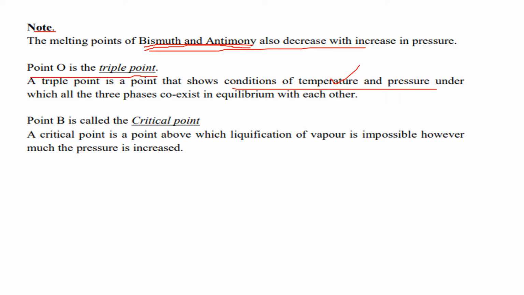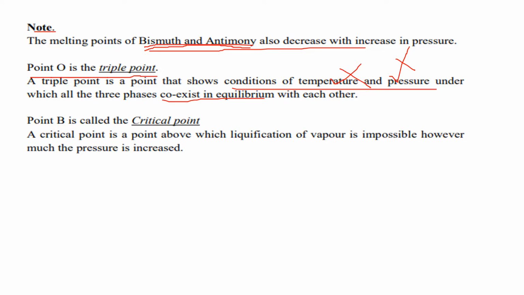At least you need to have this word. It may carry a half a mark for your definitions, under which all three phases coexist in equilibrium. So triple point, as the name suggests, is a point that shows the conditions of temperature and pressure in which three phases coexist in equilibrium with each other.